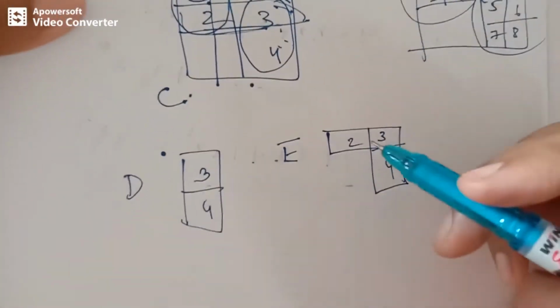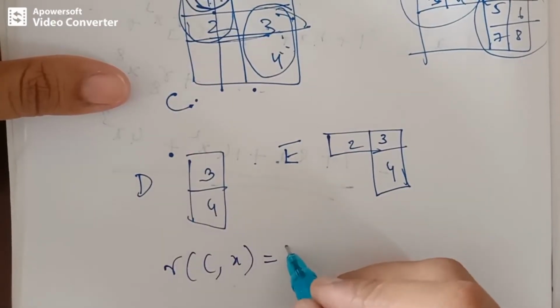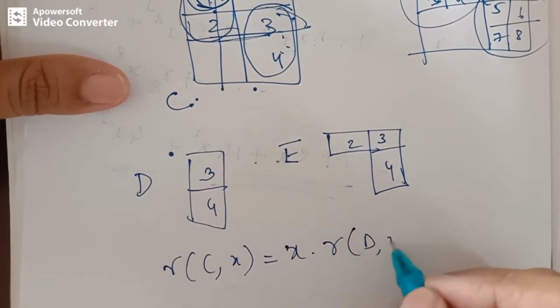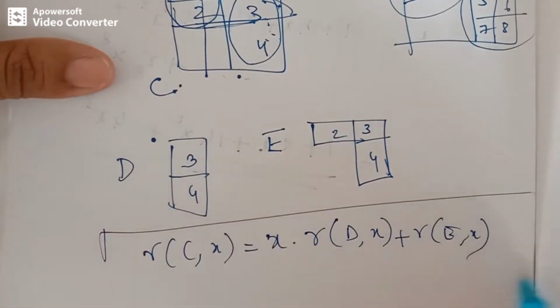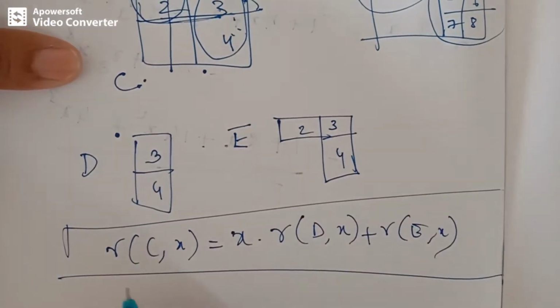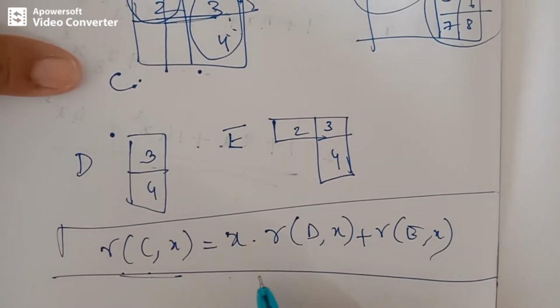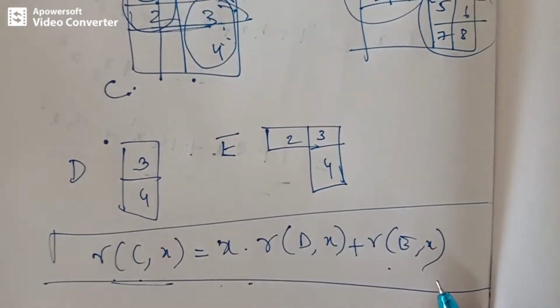And then we are applying the formula. The Rook's polynomial for this expansion formula is given by x into r of D comma x plus r of E comma x. This is the expansion formula for the chessboard C. So r of C comma x is nothing but x into r of D comma x plus r of E comma x.